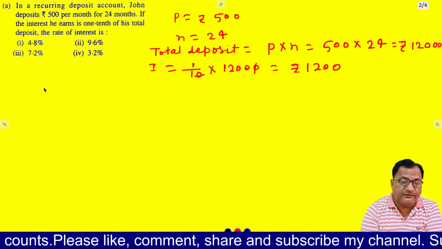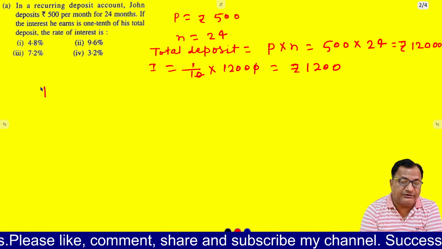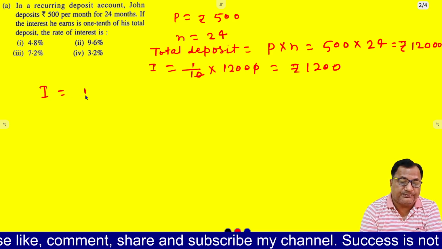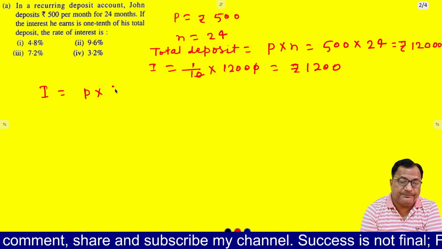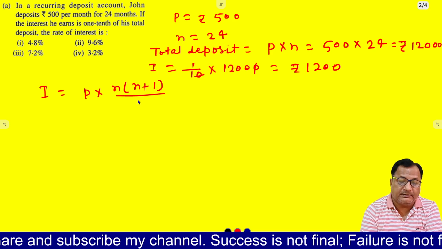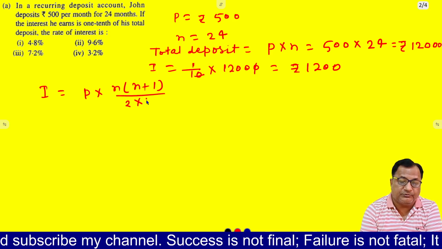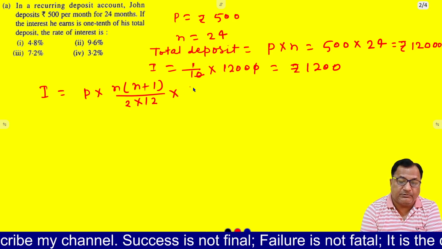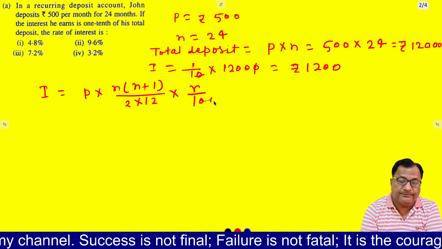Now we will use this formula. I is equal to P into N into N plus 1 divided by 2 into 12 into R by 10.